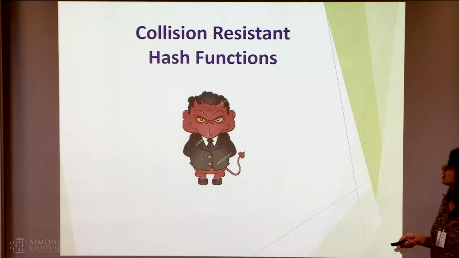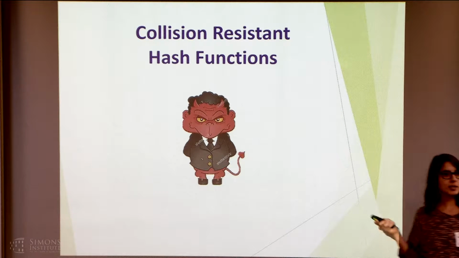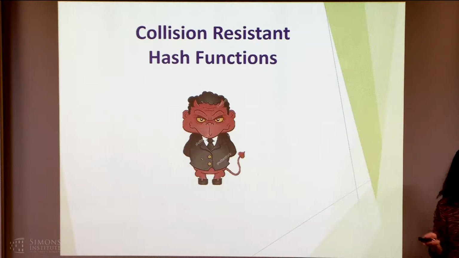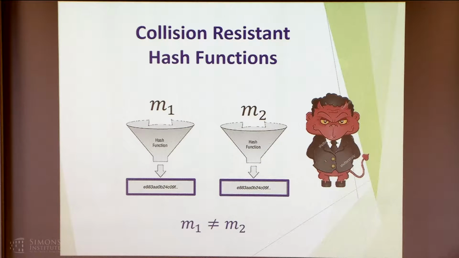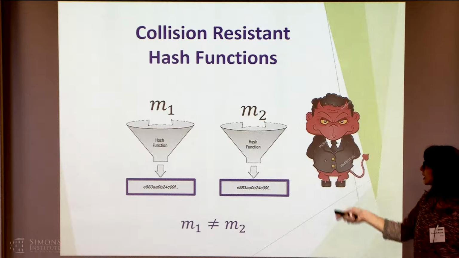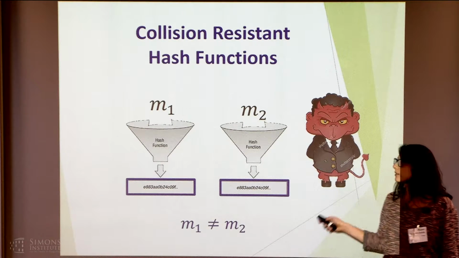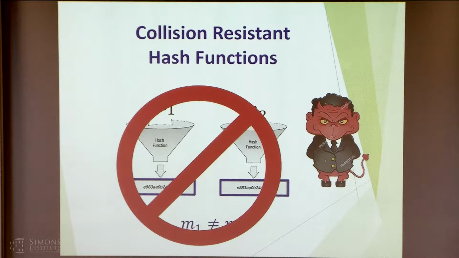And we say that a function is collision resistant if the probability that an evil adversary, think of it as a probabilistic polynomial time algorithm, can find a collision is negligible. Which basically says that we don't want it to be able to find two different messages that have the same output, except with negligible probability. Okay?